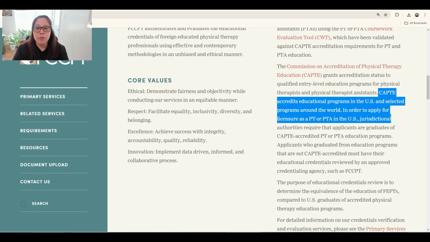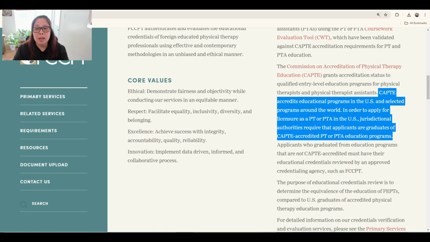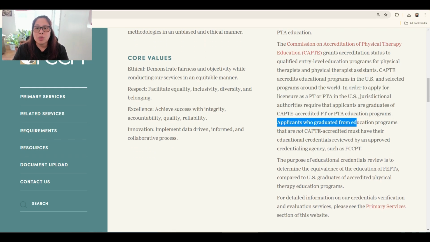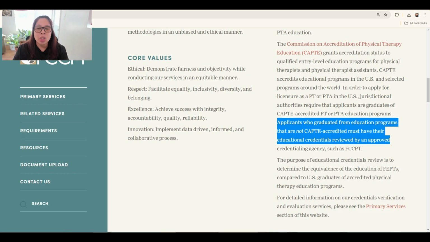In order to apply for licensure as a PT or PTA in the US, jurisdictional authorities require that applicants are graduates of CAPTE accredited PT or PTA education programs. Applicants who graduated from education programs that are not CAPTE accredited must have their educational credentials reviewed by an approved credentialing agency such as FCCPT.